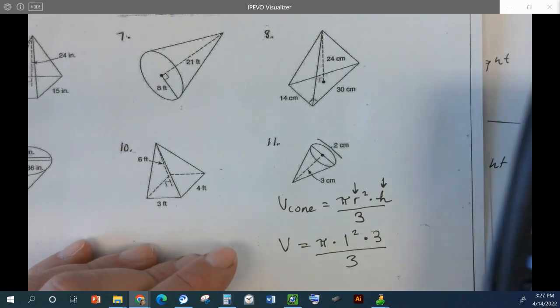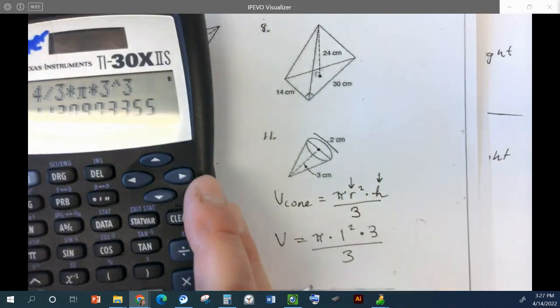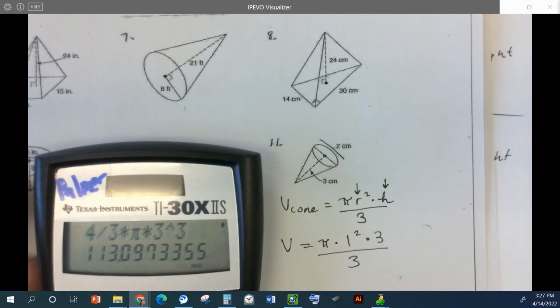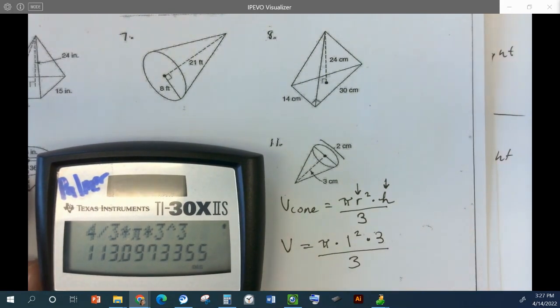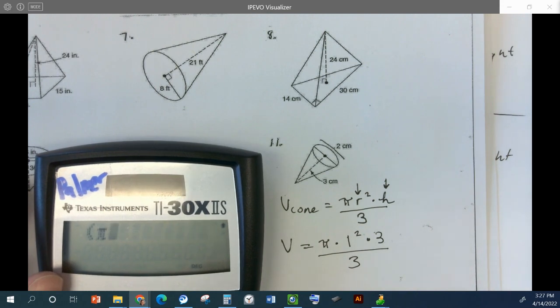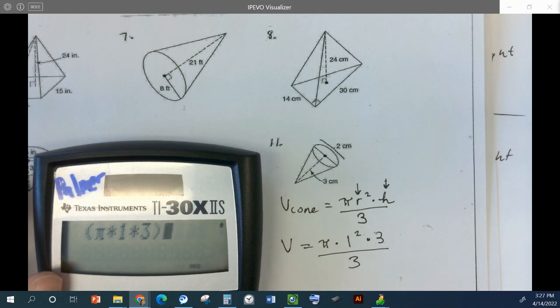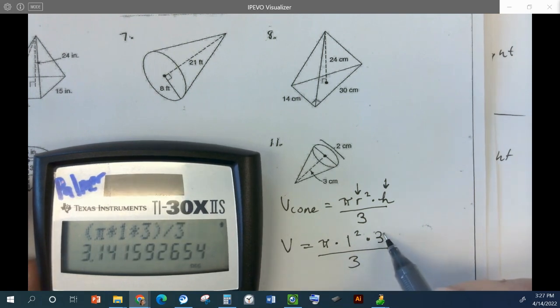So I can carefully plug this into my calculator. If I have lots of things on the top and then something on the bottom, I'm going to put this in parentheses. So I'm going to do pi times 1 squared is 1, I know that, times 3, parentheses, and then all of that is divided by 3. And that makes sense. This is pi.